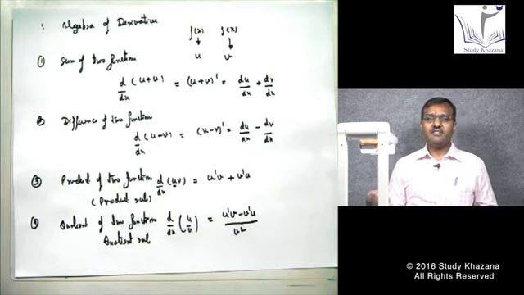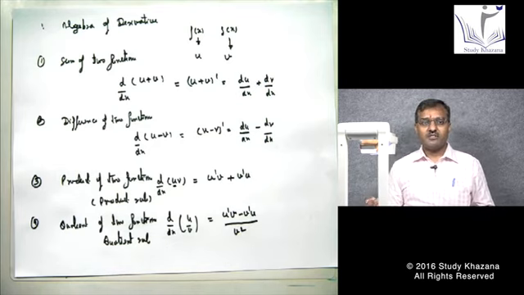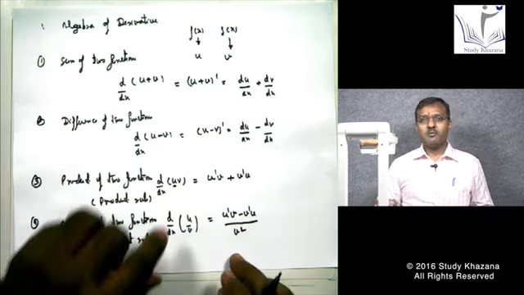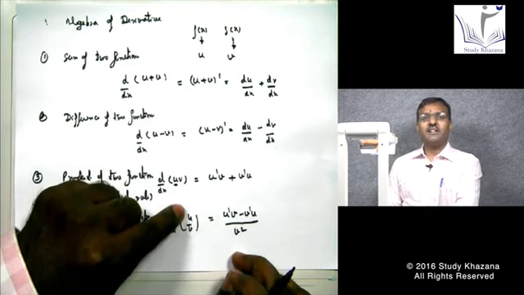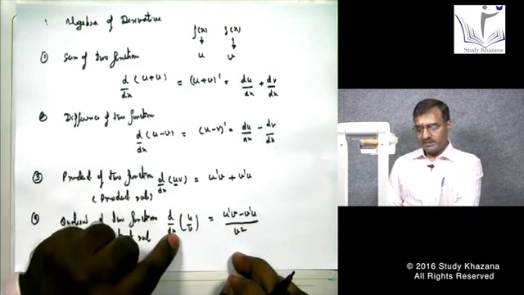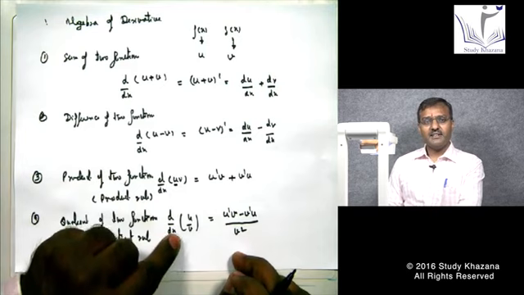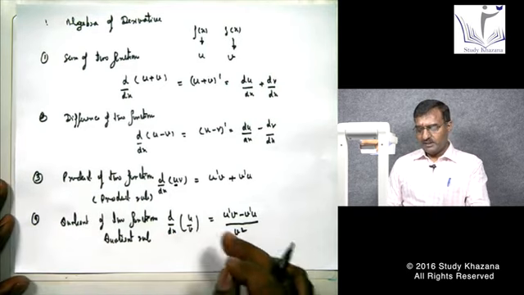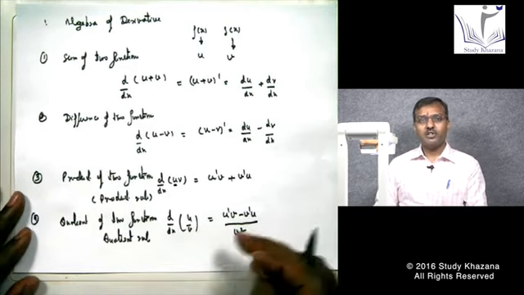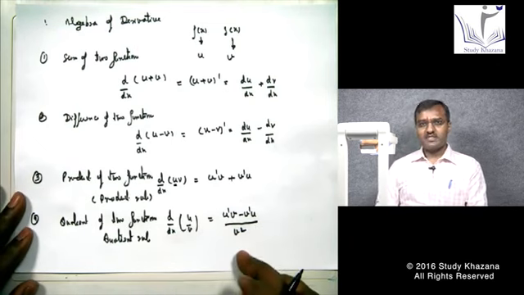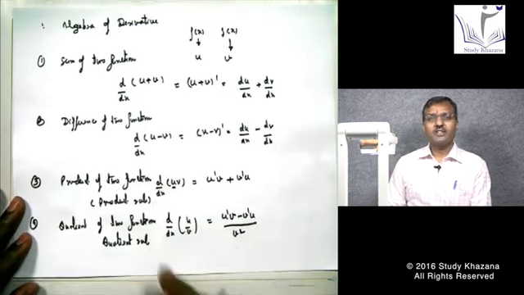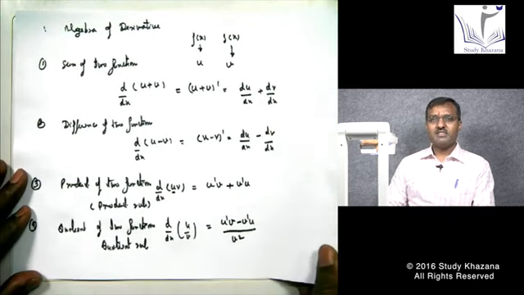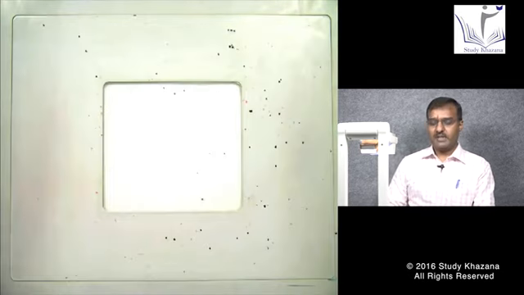Then we take the differentiation of the other and multiply by the first one. And in the quotient, you have to remember that first you take the derivative of the numerator, multiplied by the denominator function, minus the derivative of the denominator multiplied by the first function, divided by v square. All this we will now see with the help of an example.